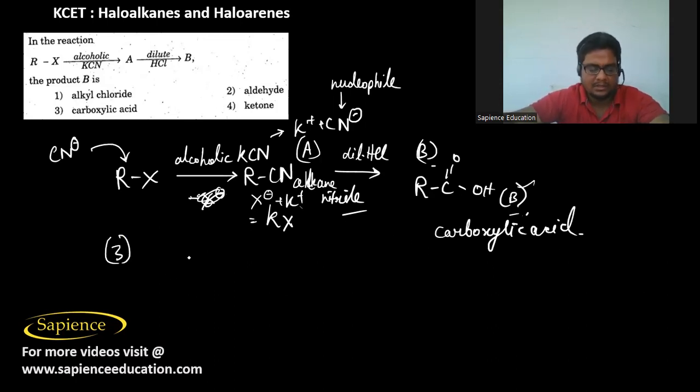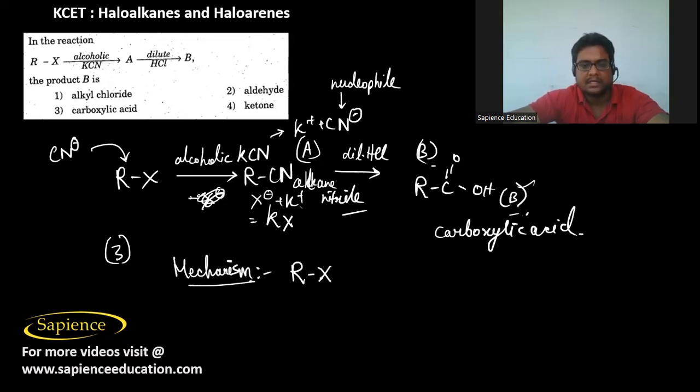Here, if we want to know the mechanism of this reaction, it is somewhat like this. The alkyl halide will react with the cyanide ion, and this cyanide ion will attack here, then X minus will come out, and it will form RCN.